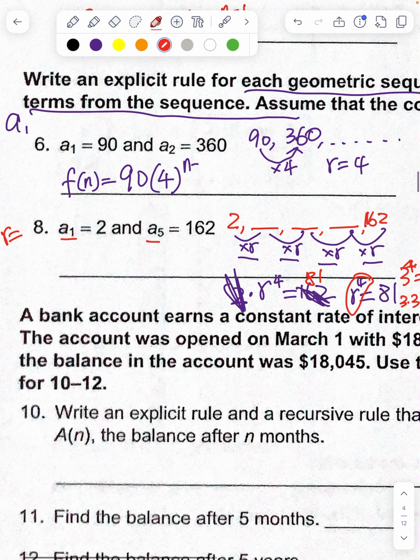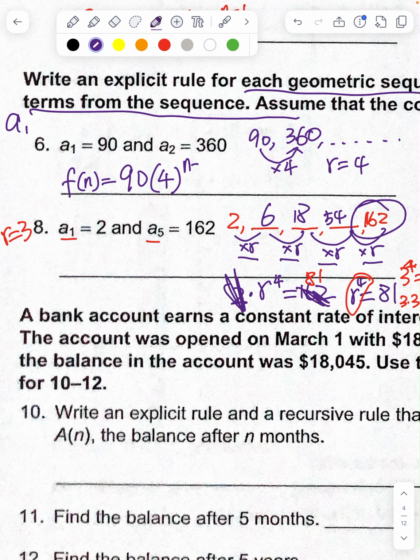Let's double check. 2 times 3 is 6. 6 times 3 is 18. 18 times 3, I believe that's 54. Then 54 times 3 is 162. That's correct. So the common ratio is 3.